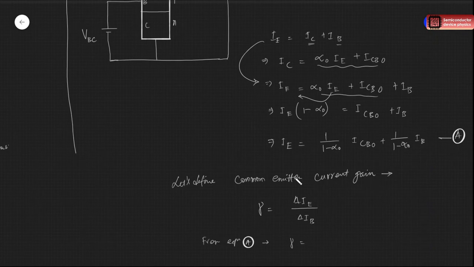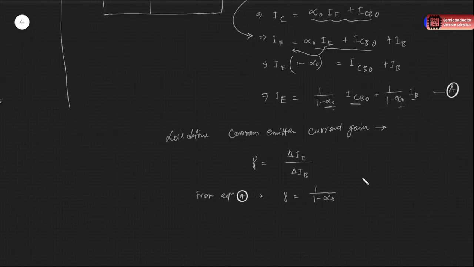If you take a derivative with respect to IB, this ICBO is constant, and for a particular condition the alpha is constant, so the first term will be 0 from the derivative, and only from the second term we will get 1 by 1 minus alpha naught, and this is our common collector current gain, right?